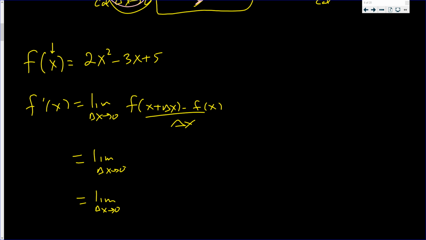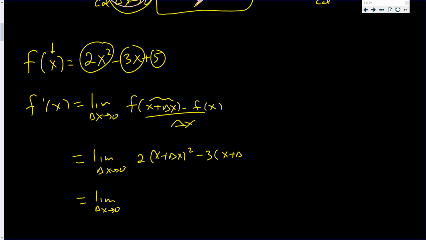What does f do to what's inside? It squares it and multiplies it by 2. Then it takes away 3 times it, and then it adds 5. Okay, I'm going to square what's in there, and then multiply it by 2, and then take away 3 times what's in the brackets, and then I'm going to add 5.